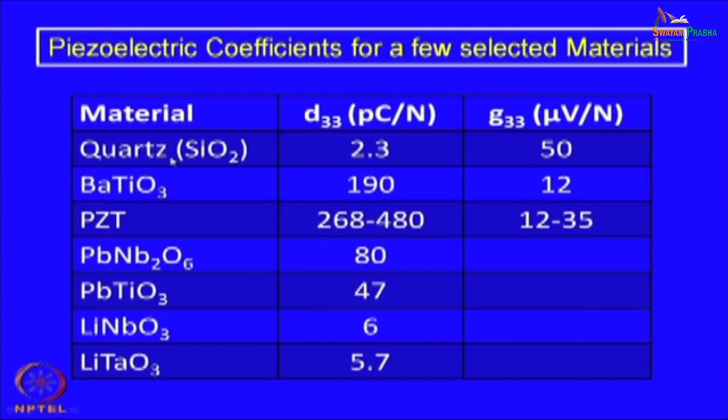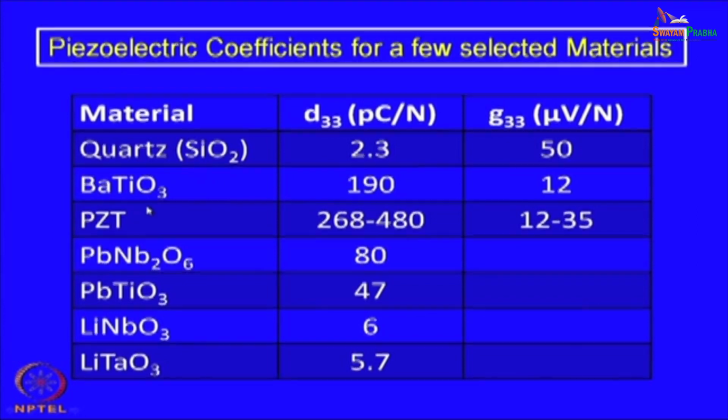Quartz, although it does not have a perovskite structure, is a very good piezoelectric material, and its coefficient D33 in this case is around 2.3, whereas G33, the voltage coefficient, is about 50. So, this is Coulomb per Newton, and that is voltage per Newton. Okay. So, this is about 2.3, whereas that is 50.